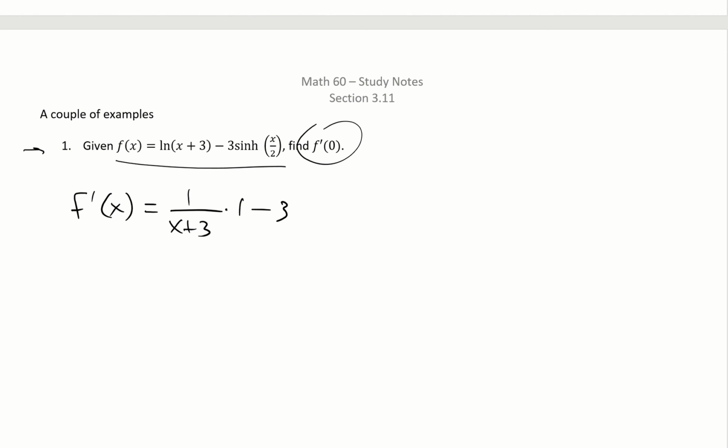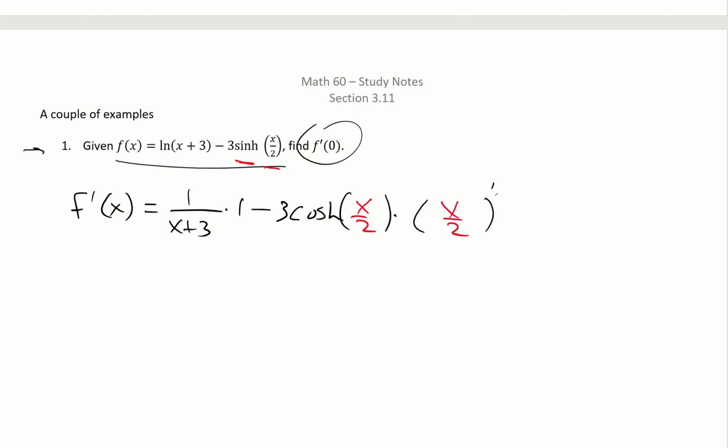Okay, I've got an outer function of sinh now, not just sine, and then an inner function. So the derivative of hyperbolic sine is hyperbolic cosine, evaluated at stuff times the derivative of stuff. That's the chain rule. And the stuff is just x over 2.